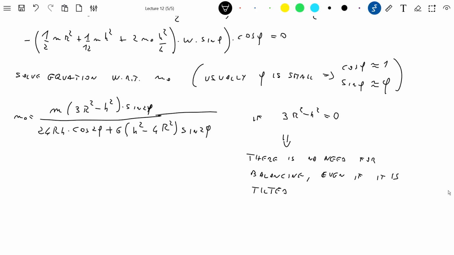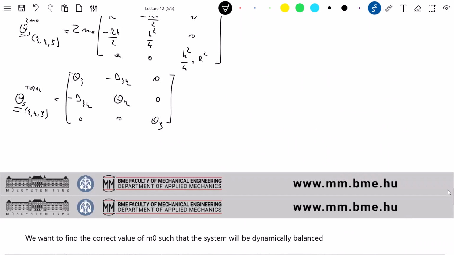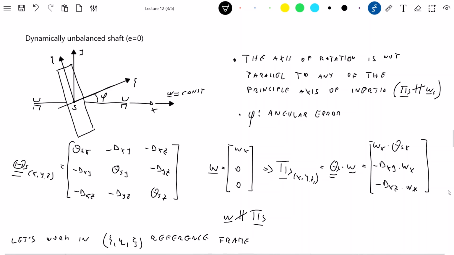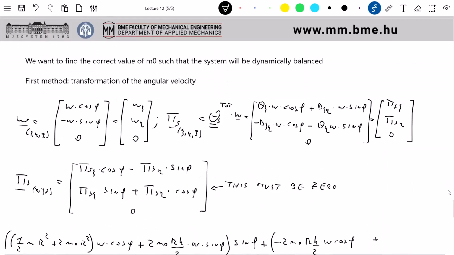And by the way, the fact that this is unbalanced is sometimes even used for a positive purpose. For example, if you want something to vibrate, think about your cell phone, you have the vibration mode. How can you make the telephone vibrate? It's pretty simple. You take a small cylinder, maybe I draw again.